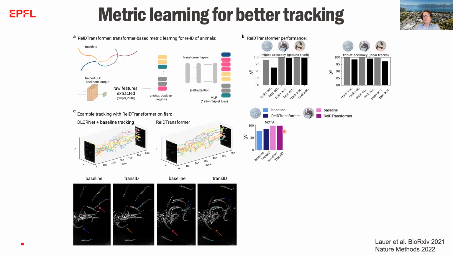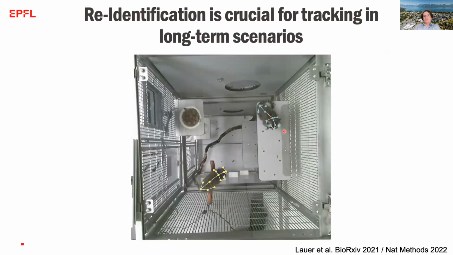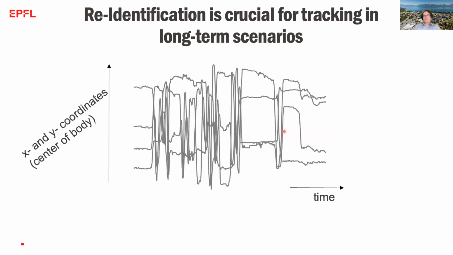I'm coming to the end of this talk, but I really want to drive home why re-identification methods are essential for doing pose estimation or pose tracking in long-term scenarios. Here is an example video from our paper where we predict the poses of these two marmosets. Now I'm showing you the same data, but I show the X and Y coordinates of the center of the body of these two marmosets over time, and I've not depicted them by individual.